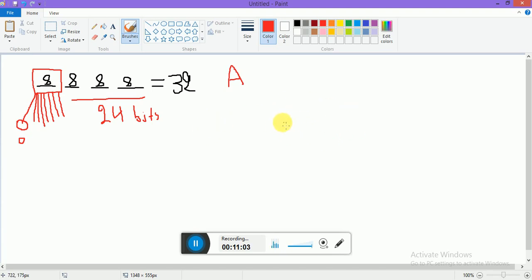The formula is 2 raised to the power x minus 2, which is equal to the number of networks in class A. Remember, number of networks in class A. So what is x?